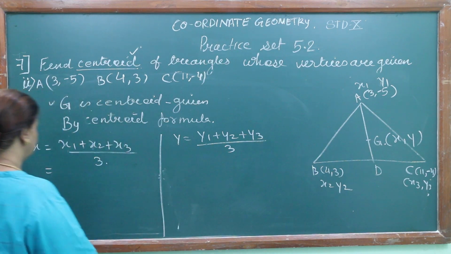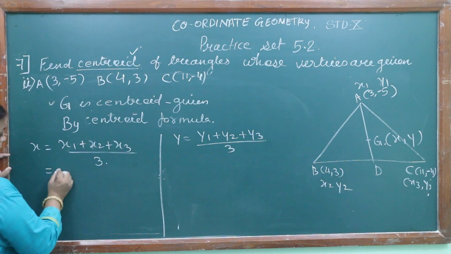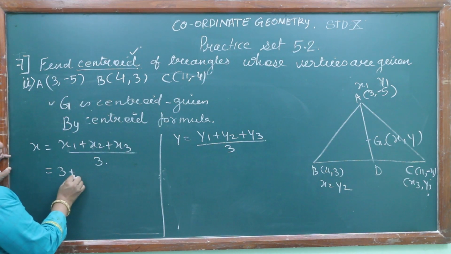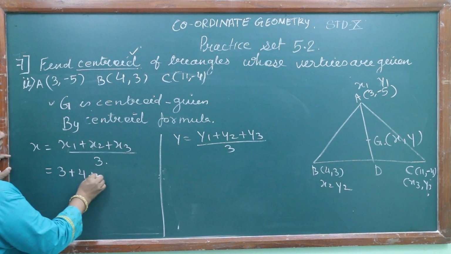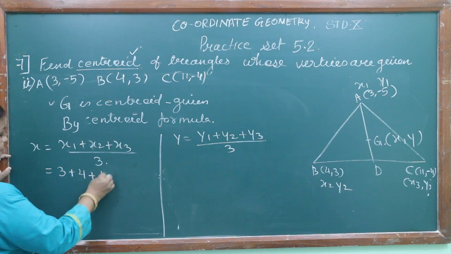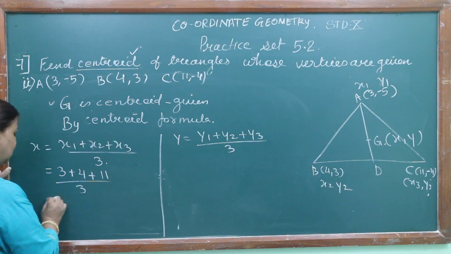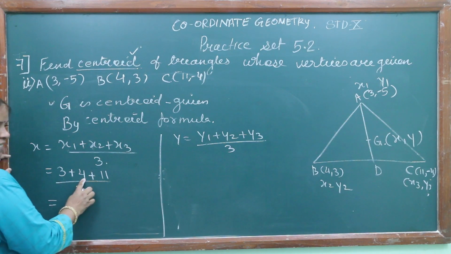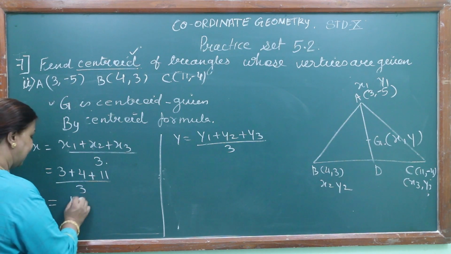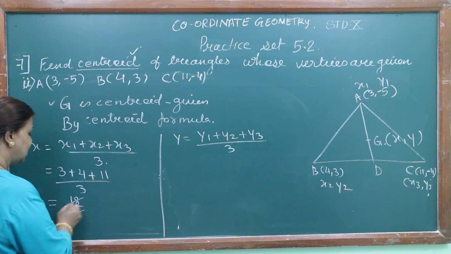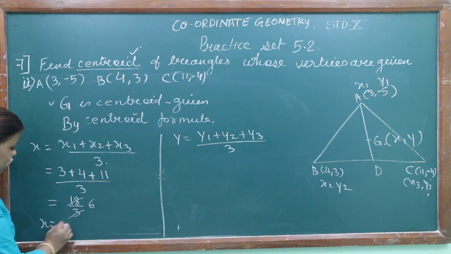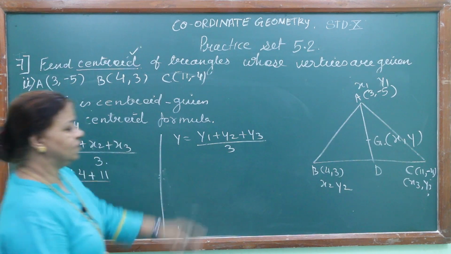X1 is 3 plus x2 is 4 plus x3 is 11 upon 3. 3 plus 4 is 7 and 11 is 18 upon 3, children. 3 6s are 18. So the x coordinate of G is 6.